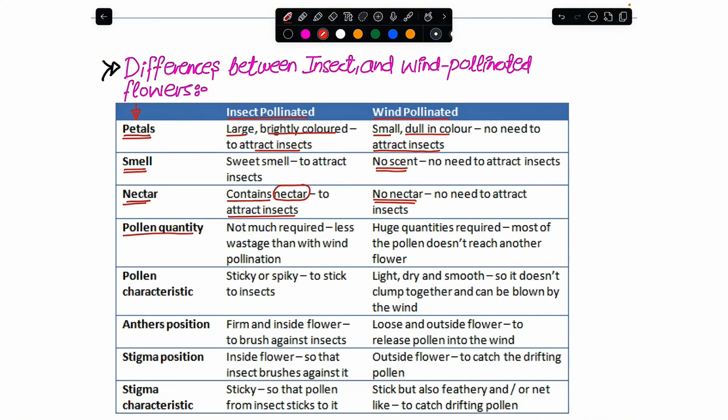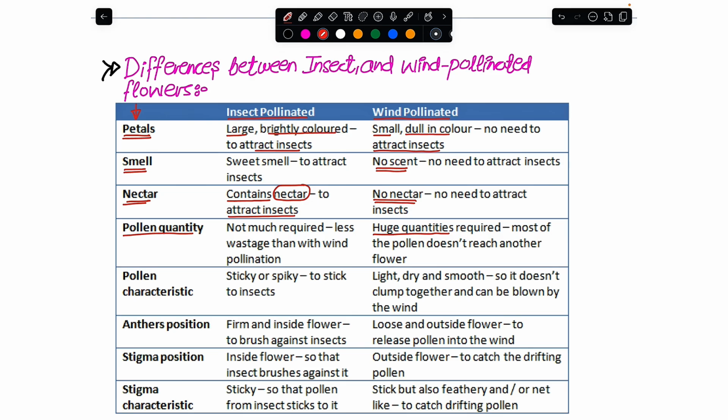For the wind pollinated flower, they produce very huge quantities of pollen grain because they are relying on the wind, and when the wind carries the pollen grains from one plant to another, from one flower to another, the chance of pollen grains getting wasted is more. So when they produce pollen grains in more quantity, their pollination chance by the wind would be greatly enhanced.